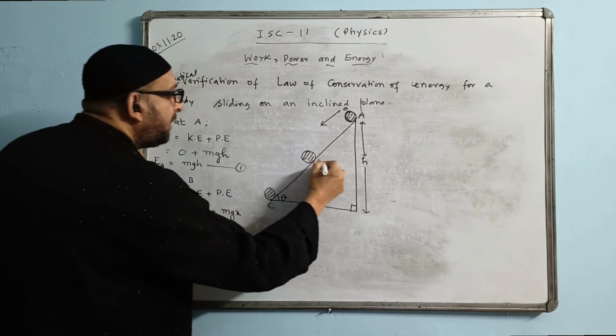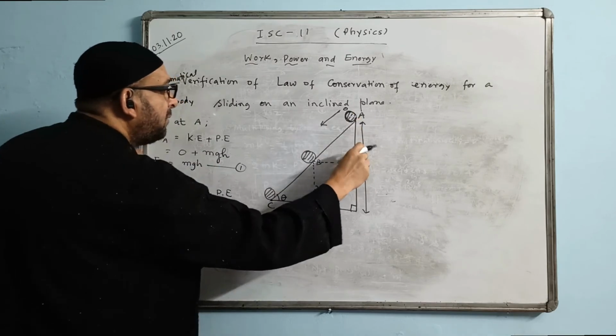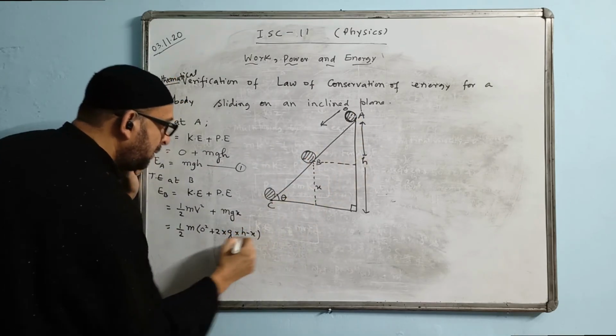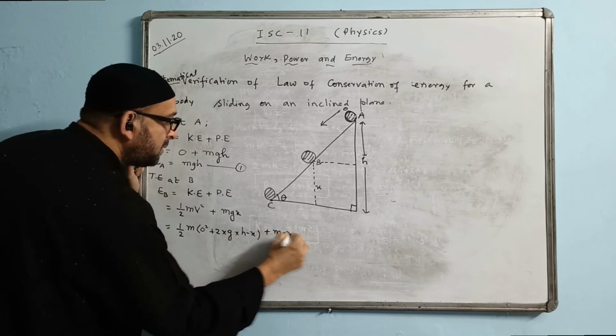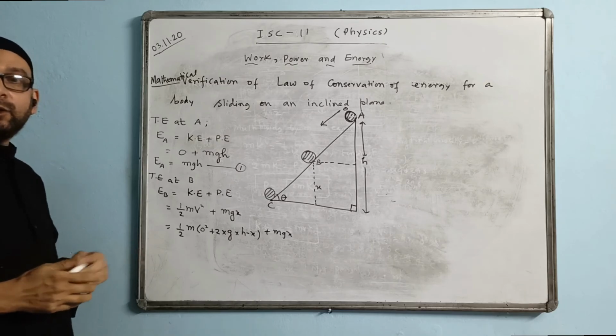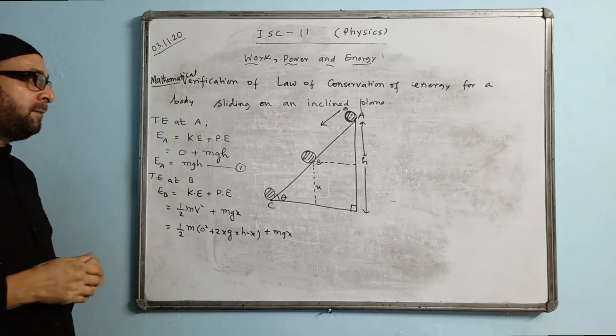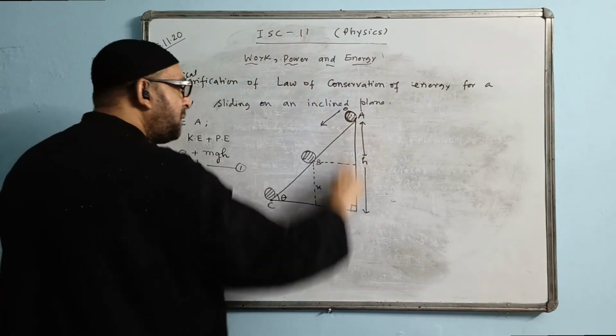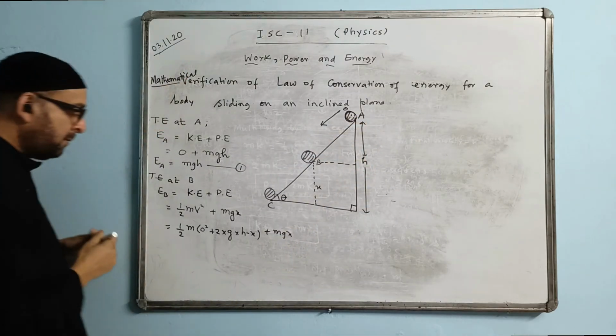What is the distance traveled vertically? That will be h minus x. There I write mg times 2(h minus x) plus mgx. We are taking vertical motion only. The vertical distance is h minus x.